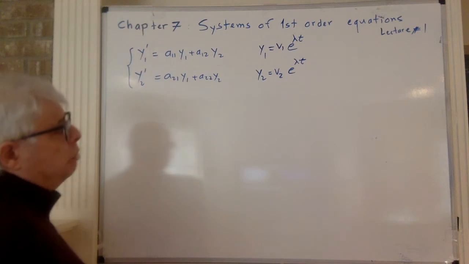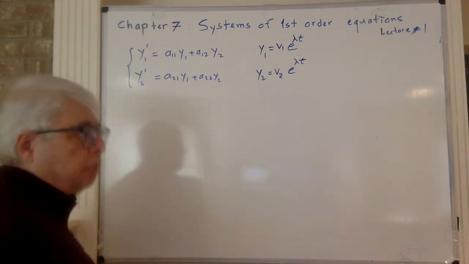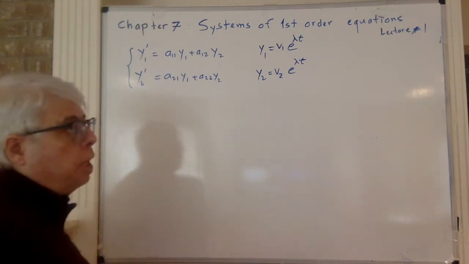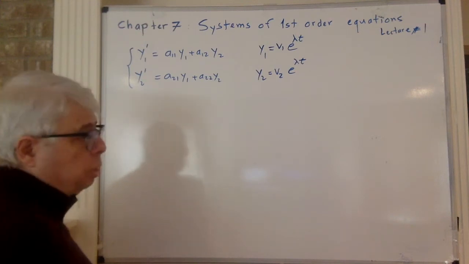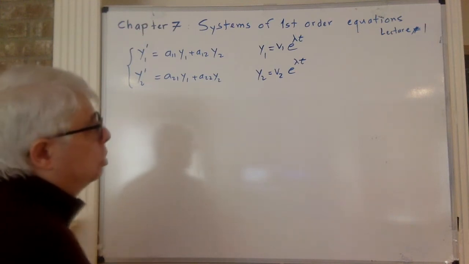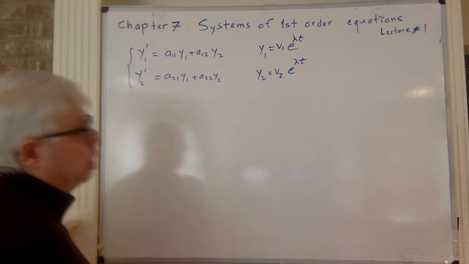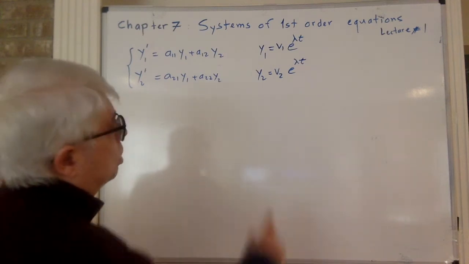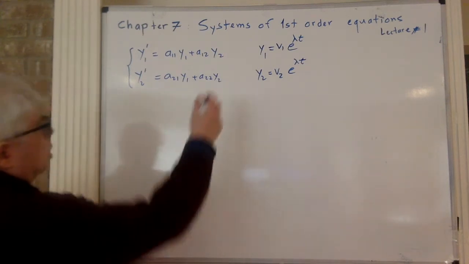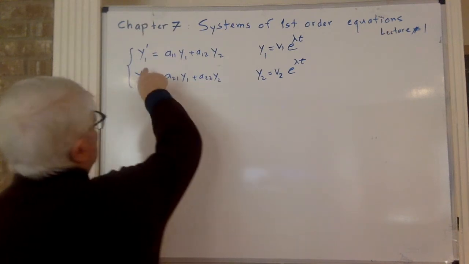In the end, something should be satisfied so that the two solutions are exponentials with the same e to the power lambda t.